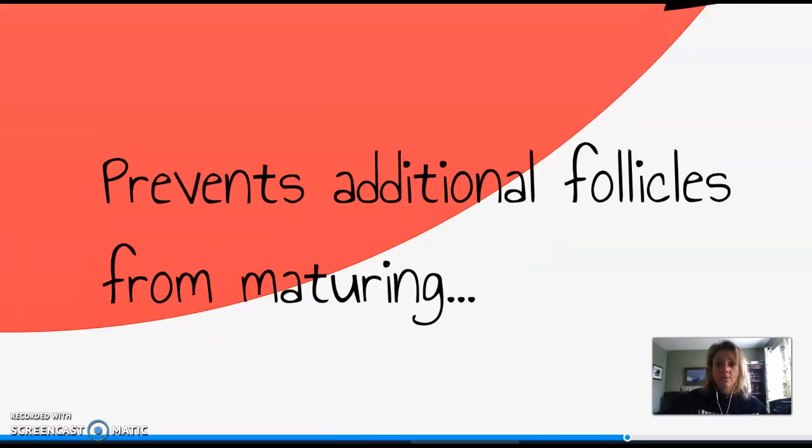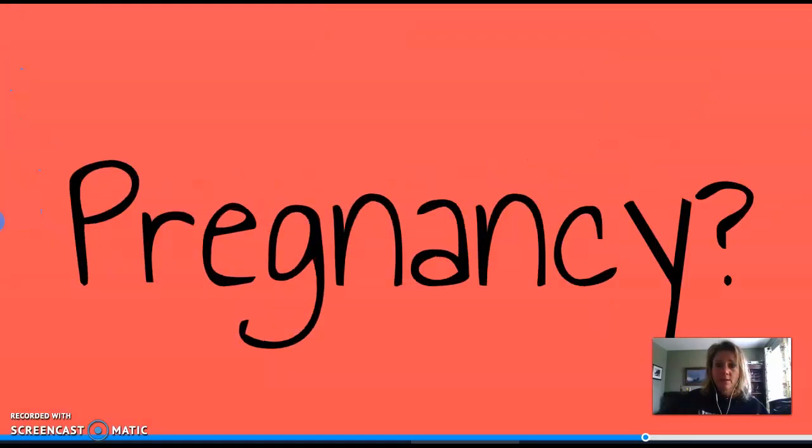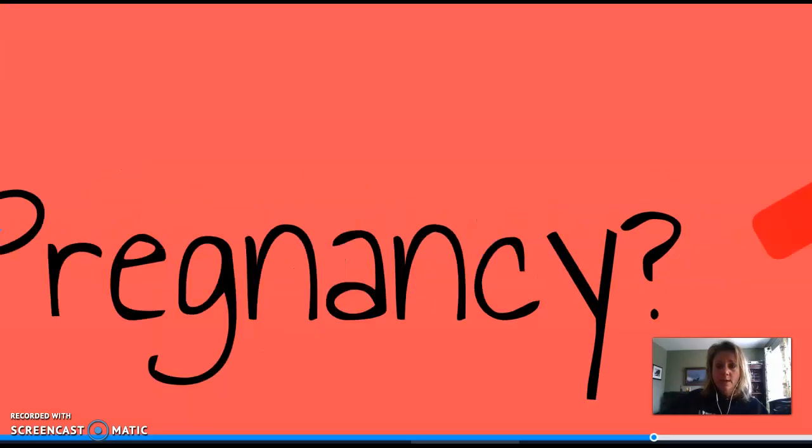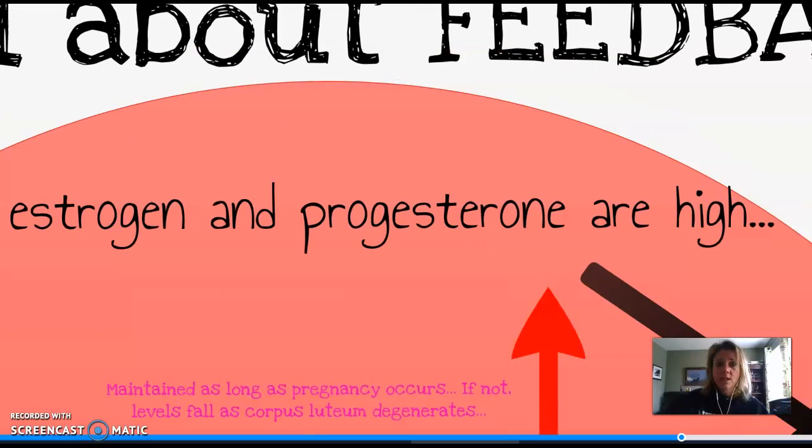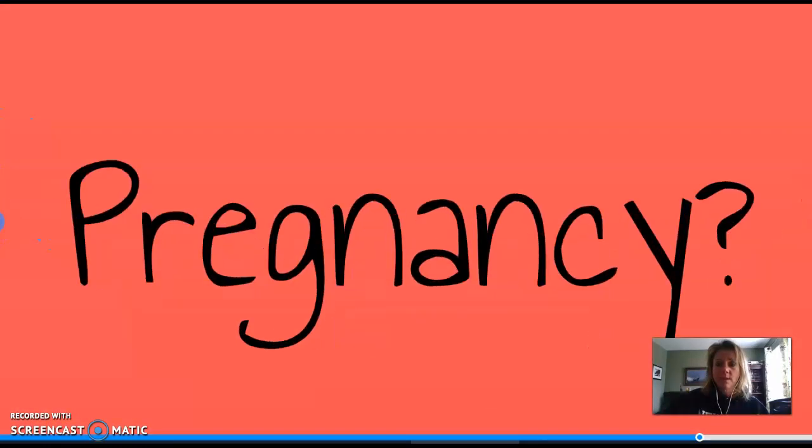This is going to prevent our follicles from maturing. And then, is there a pregnancy? If we do have fertilization, then we're going to keep that corpus luteum around for a while, and estrogen and progesterone levels are going to be high.